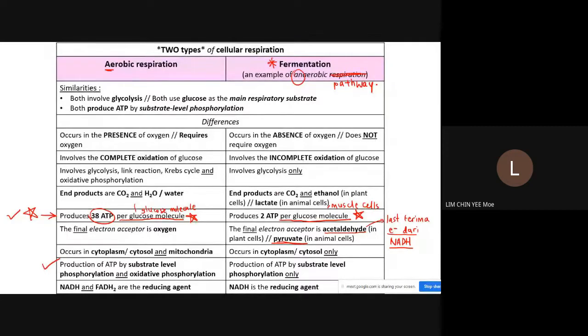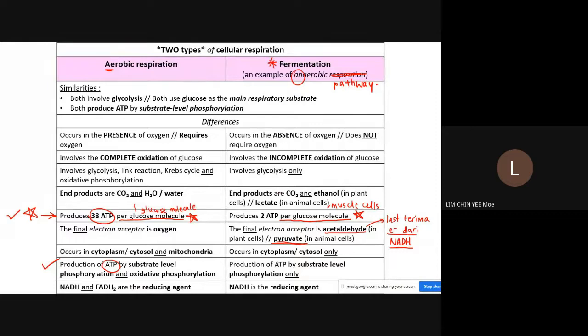Thank you, Irfan. So these are the 2 points that you can include if the question asks you the differences in ATP production in terms of ATP. Sometimes it only says in terms of ATP. So anything that is related to ATP only can be the answer. The others cannot, because they are not related to ATP. These 2 points will be in terms of ATP.